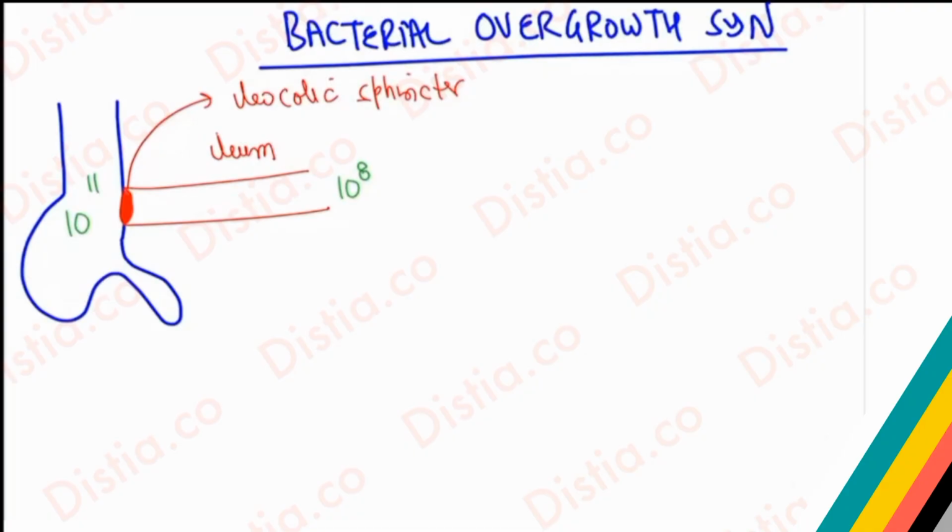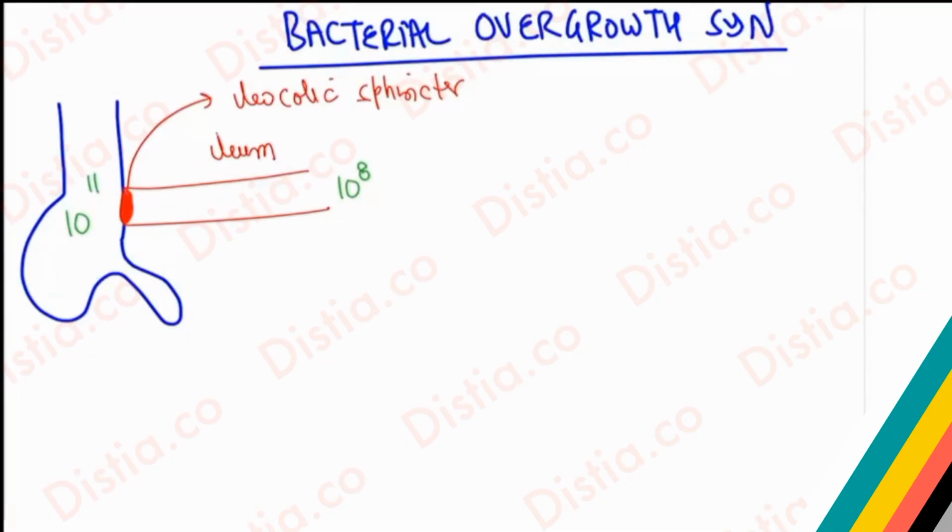There are hardly any bacteria in the duodenum and the proximal part of the jejunum, but as we go distally, the counts will start rising. You need to remember two values at the moment: the bacterial count in the cecum and ascending colon is 10 raised to power 11, and there are relatively lesser bacteria in the terminal part of the ileum.